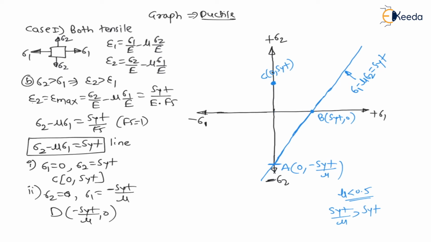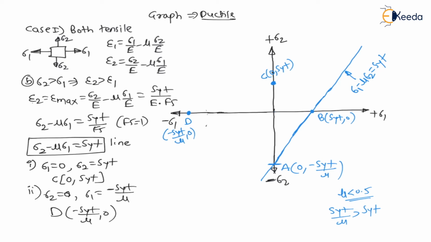The point will lie somewhere here, along minus sigma 1. This is point D, where the coordinates are minus Syt by mu comma 0.